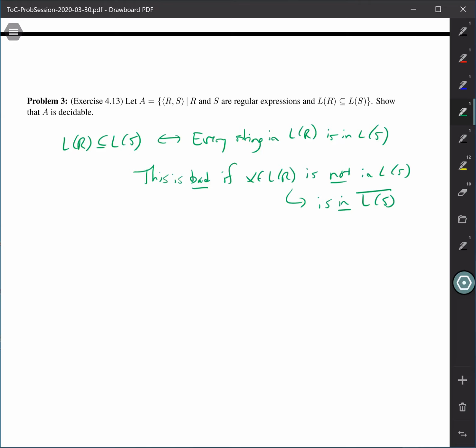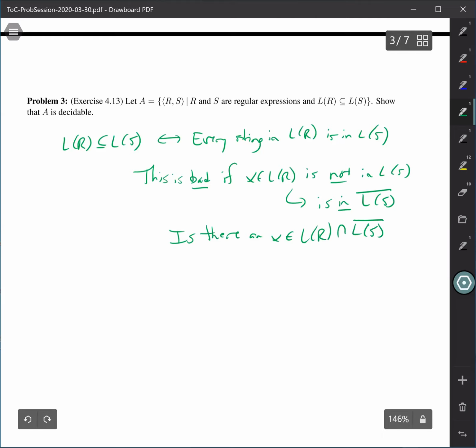Intersection, right. We're looking for something that is in both L of R and the complement of L of S. That's what we're really asking: is there a string X in L of R intersect the complement of L of S?